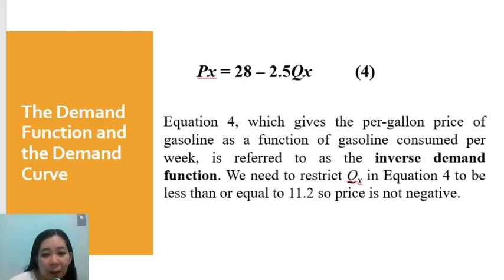In the fourth equation, this gives the per gallon price of gasoline as a function of gasoline consumed per week. So this is referred to as the inverse demand function. Here we need to restrict the Q sub X in the equation to be less than or equal to 11.2, so the price is not negative.